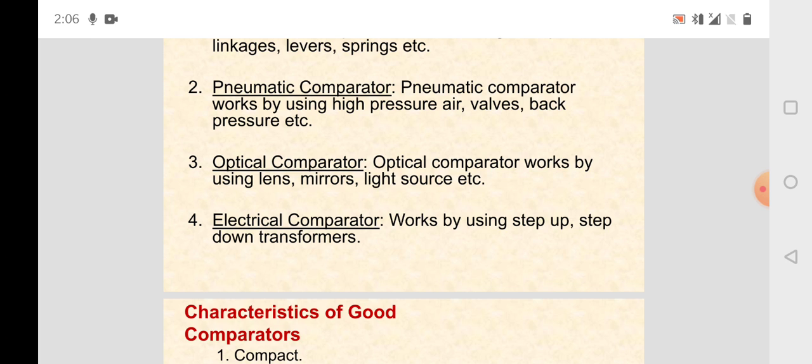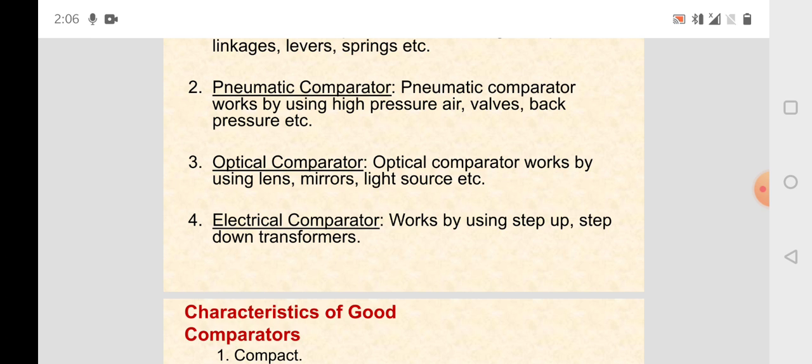Vibrations will be less as inertia is less. Measuring pressure is very small, so only a jet of air can be sufficient, and it is possible to have higher magnification also. So these are the advantages of the pneumatic comparators.